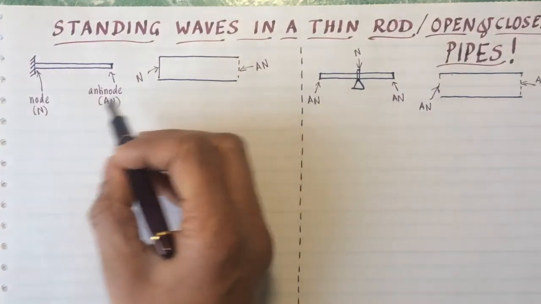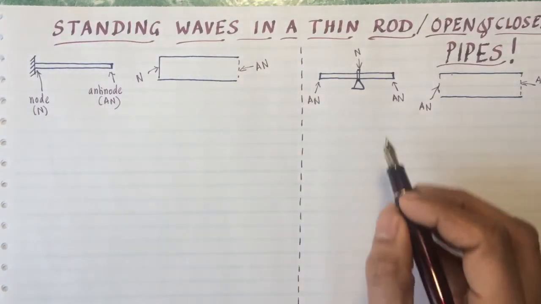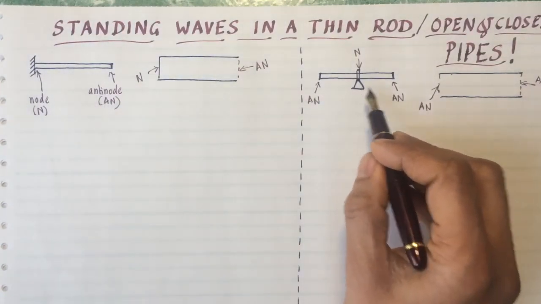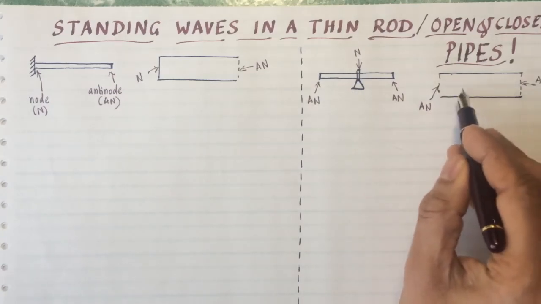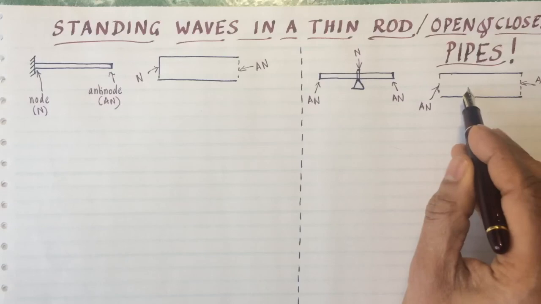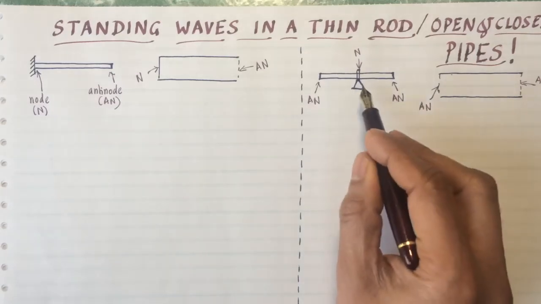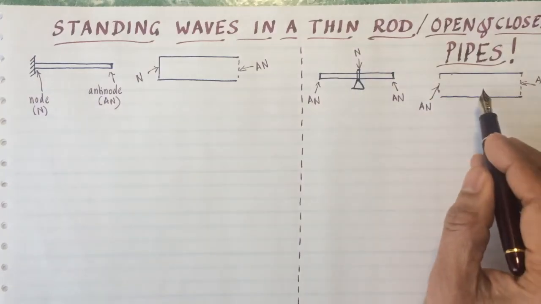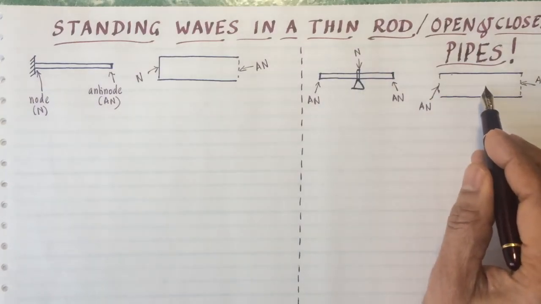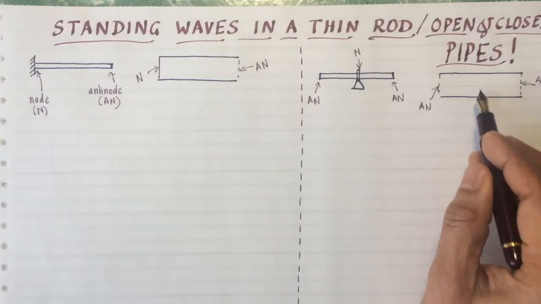The theory for these two will be identical, but the theory for these will not be identical. In fact, there will always be more modes for the pipe that's open on both ends than for a rod clamped in the middle. The rod clamped in the middle will rule out any mode which has an antinode in the middle.